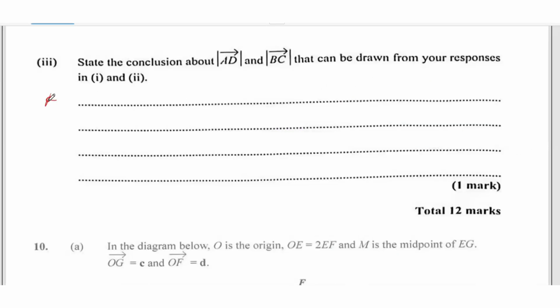This is AD, it's minus A plus 2B, and BC is actually negative half A plus B. So these are my AD and BC.